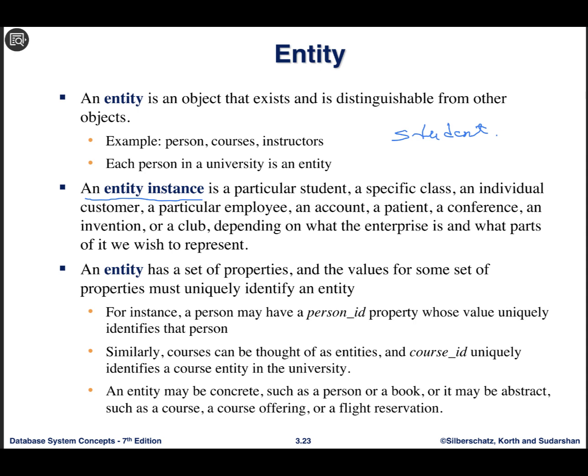An entity then has a set of properties, a set of attributes, and the values of these attributes must uniquely identify an entity. For a student, we might have a student ID, name, and GPA. Some of these attributes are going to uniquely identify any entity within the entity set, because in the entity set we have many students.